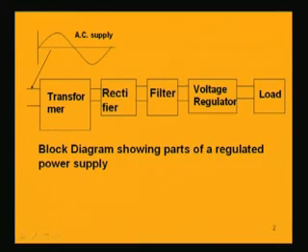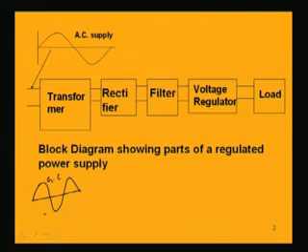That step down transformer is used to step down the AC input voltage to a voltage which can be handled by the rectifier, and that is done here by this block which is a transformer. So first of all, the input voltage which is an AC voltage, this is the AC input, has a high peak value.